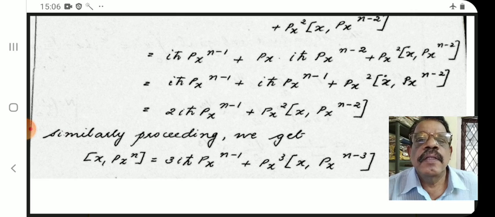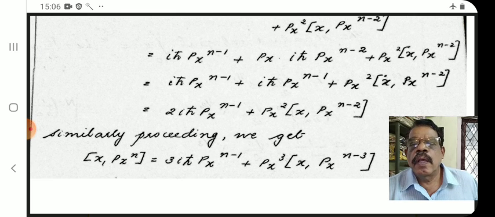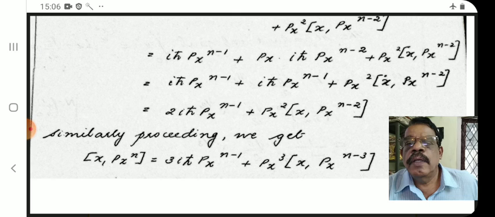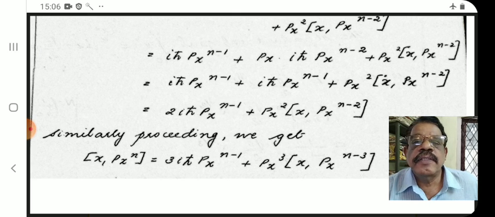Plus the last term we write as such, p squared [x, p^(n-2)]. And you know iħ p^(n-1) plus iħ p^(n-1) is twice, 2iħ p^(n-1). And the last term we repeat as such.